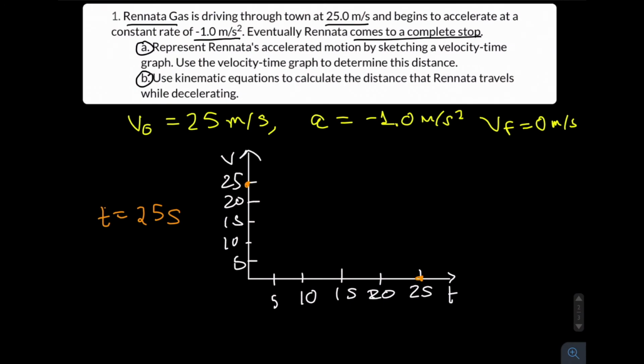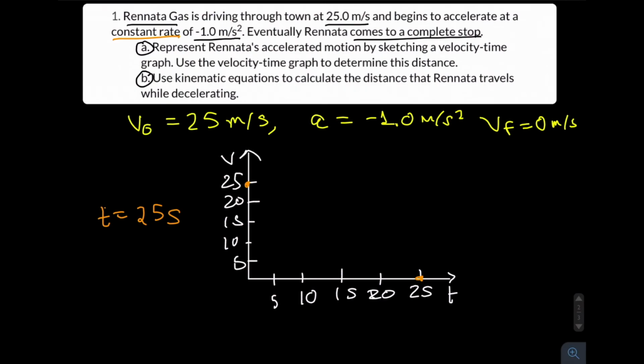Okay. So what we see is that initially we're here, and then at the end at 25 seconds we're at 0. Now, key word here is we see constant rate. So that means our acceleration is constant. And if you recall from our previous discussion of acceleration, if our acceleration is constant, our acceleration versus time graph is constant, meaning this. So that means our velocity must be a straight line, changing constantly, right?